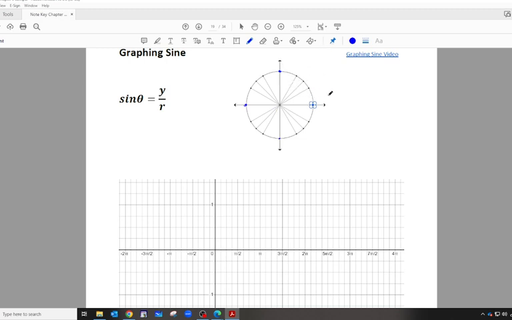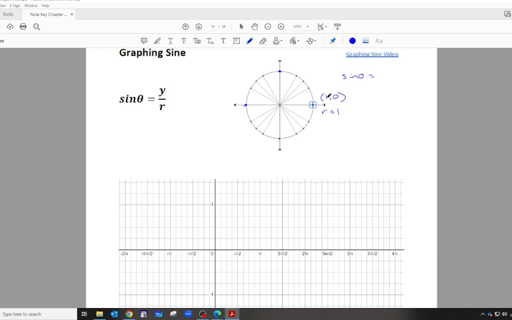So when we're going through this, what I want to look at is if you have the sine of 0 degrees, it would be opposite over adjacent, or the y value over the r value. The reason we pick quadrantal angles is that we always make the radius length 1, and then we make it so that either the x or the y value is 1.